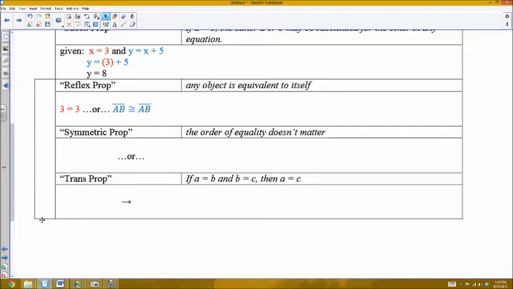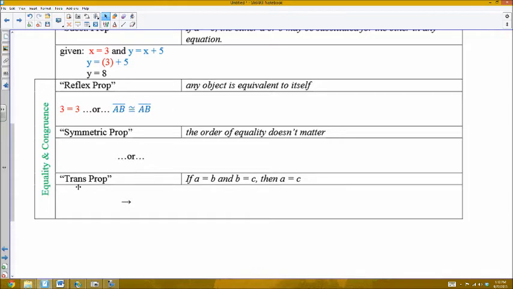So these last three properties are not just properties of equality, they're also properties of congruence. If it helps, see the reflexive part of the reflexive property, like reflection. If you imagine a little mirror across the equal sign, it should be reflected equivalently on both sides. That's the reflexive property. Similarly for the congruent side, AB and AB are the same.